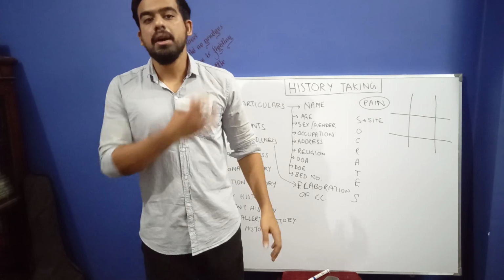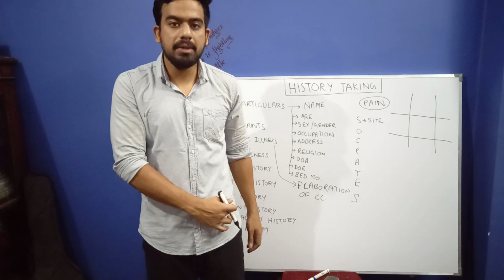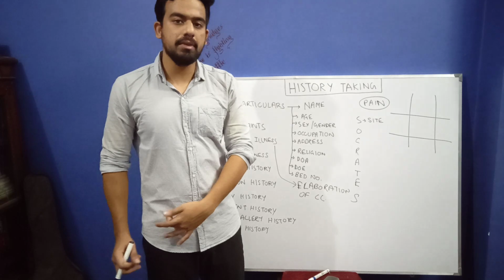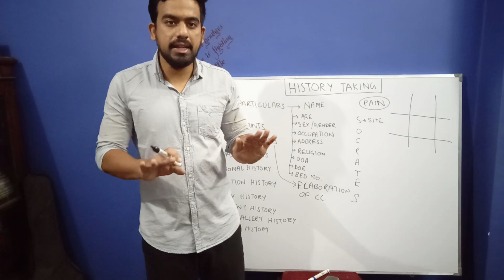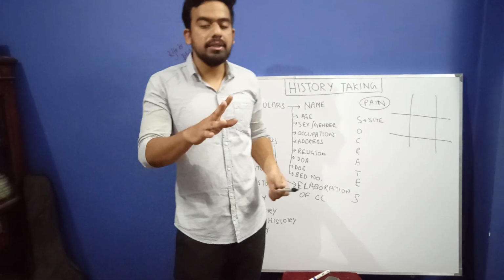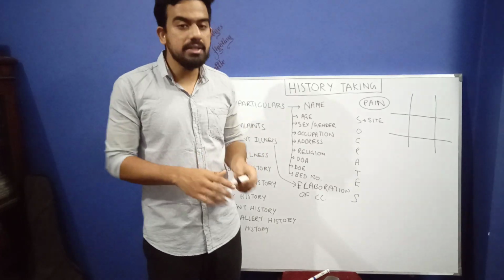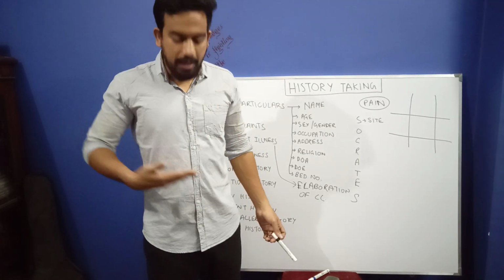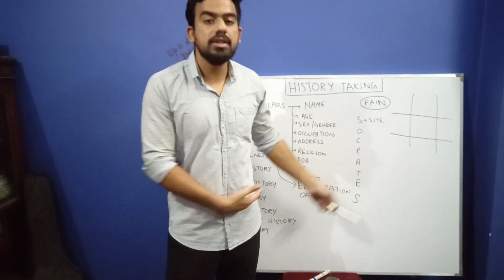Easy, 2 vertical lines. Now the horizontal lines. There are 2 planes. One is the Trans-Pyloric Plane and another, the lower one, is the Trans-Tubercular Plane.